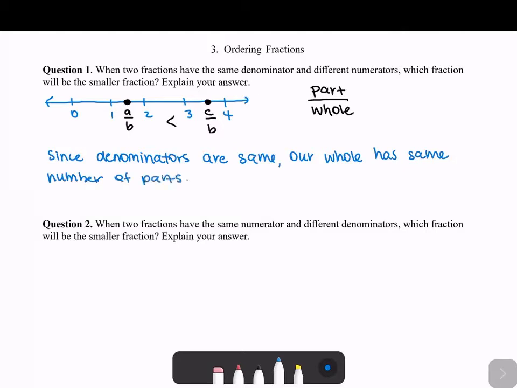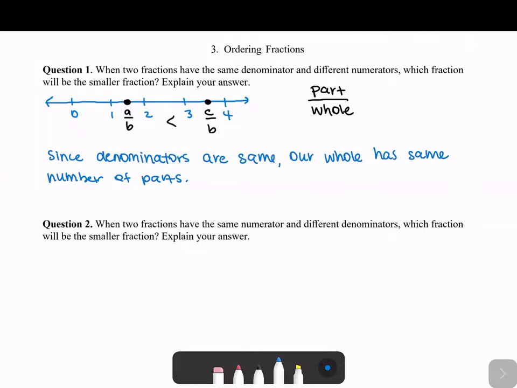If you're thinking about this using one of the models, if we have a circle and our denominator is 4, we would break up the circle into 4 parts. So this is telling us that for these two fractions that we're looking at, the whole has the same number of parts, but they have different numerators.